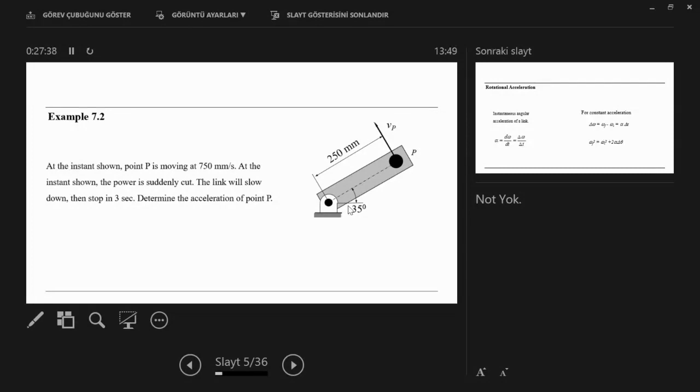So what is the normal acceleration? The an is equal to v square over r.